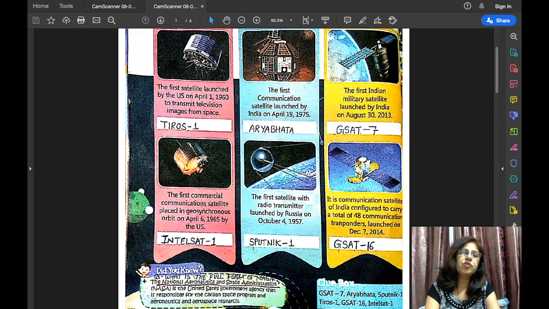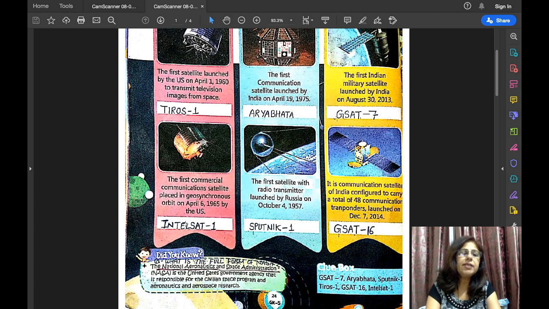The next picture is of Intelsat-1, the first commercial communications satellite placed in geosynchronous orbit on April 6, 1965 by the US. So, Intelsat-1 satellite was launched by the US on April 6, 1965.